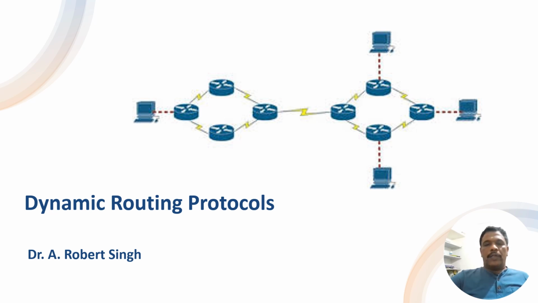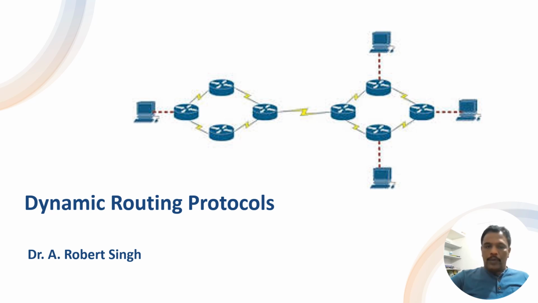These protocols let routers share information about the network, updating their routing tables to find the best paths for data. Some common dynamic routing protocols are Routing Information Protocol (RIP), OSPF (Open Shortest Path First), EIGRP (Enhanced Interior Gateway Routing Protocol), and BGP (Border Gateway Protocol).